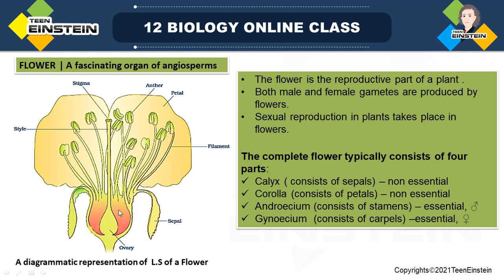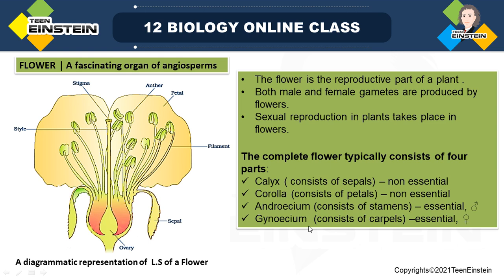Okay. So calyx and corolla are the non-essential whorls, the non-essential parts of a flower. Even if calyx, that means sepal, and corolla, that means petal, are not there, a flower can do sexual reproduction. Then androecium and gynoecium are called the essential whorls or essential parts of a flower.